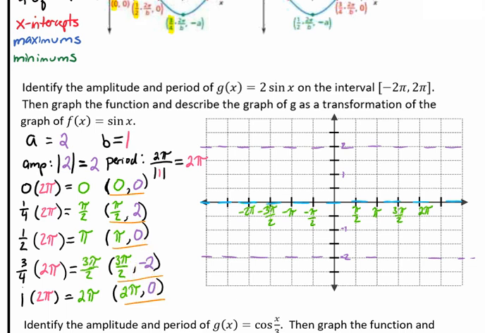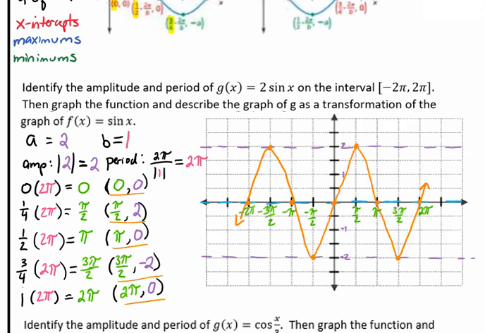So we plug in our points: center line, maximum, center line, minimum, center line. And it repeats the other way as well, creating this pattern. So we'll go to our minimum, center line, maximum, then to our center line, giving us our graph. And so this is what a sine function looks like.